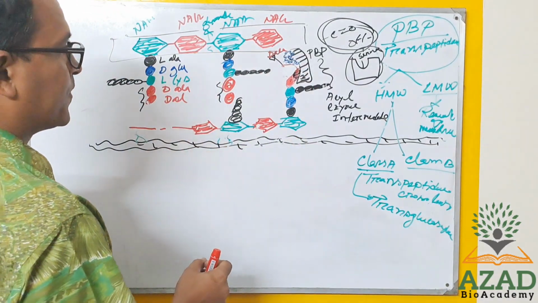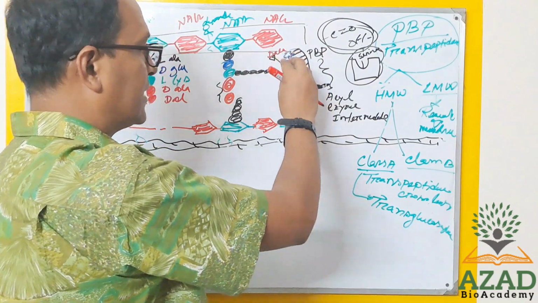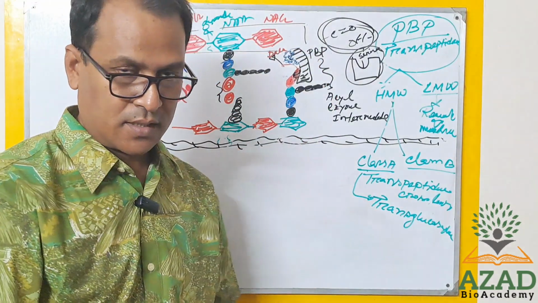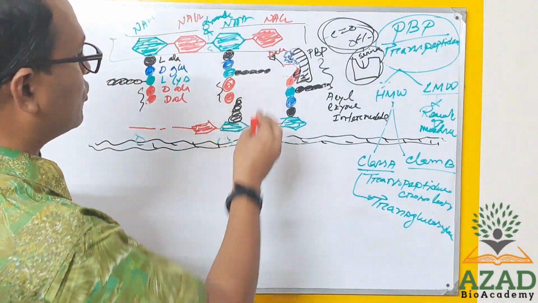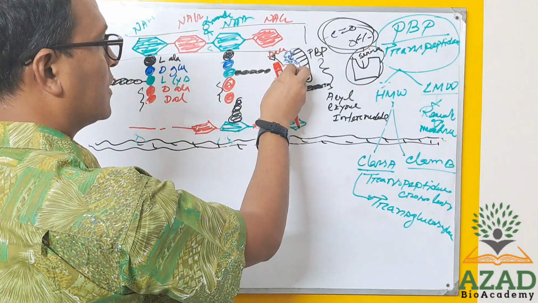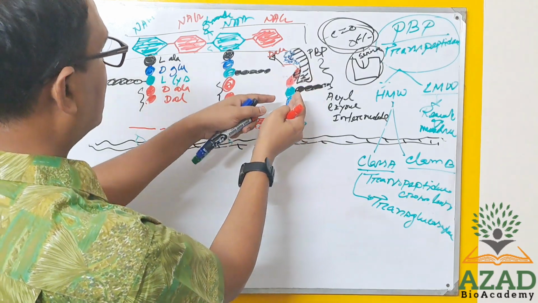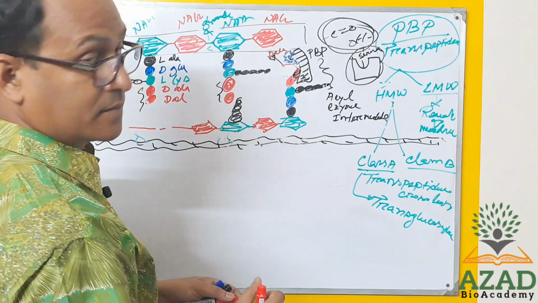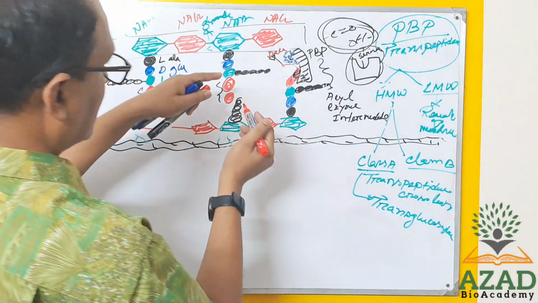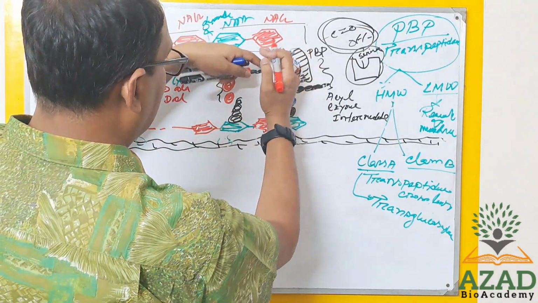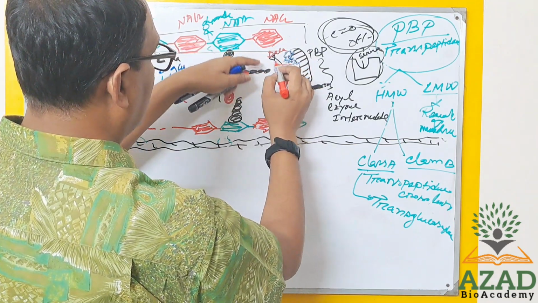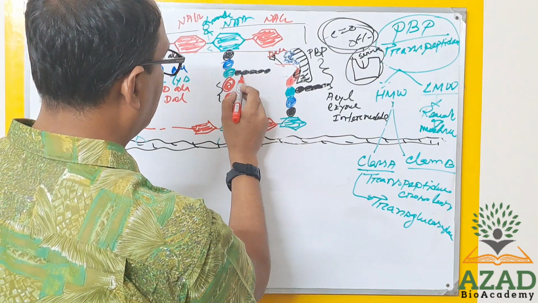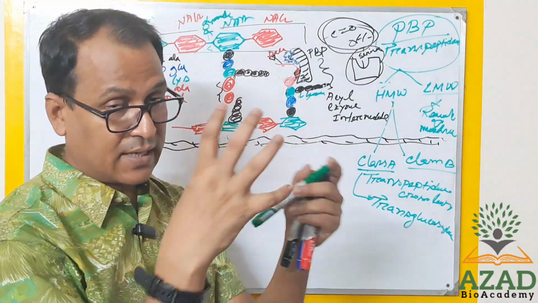That energy will work to make this bond very strong, and it will facilitate working with another pentapeptide. Then what will happen? That enzyme will manage to form a bond by the pentaglycine, and will make a crosslink.